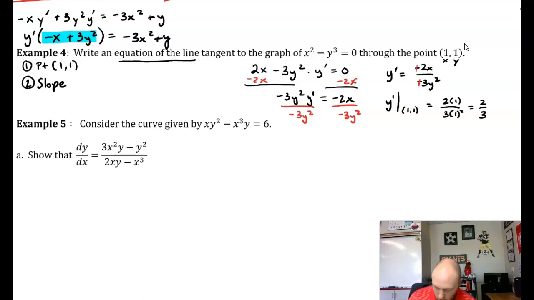So there's our slope. Our slope is 2/3. That's m. M is equal to 2/3. Okay, so the equation of a line: y minus y1, which happens to be 1, is equal to m, 2/3, times x minus 1. Okay, and there is your equation of a line. Make sure I got it. Got it. Okay.